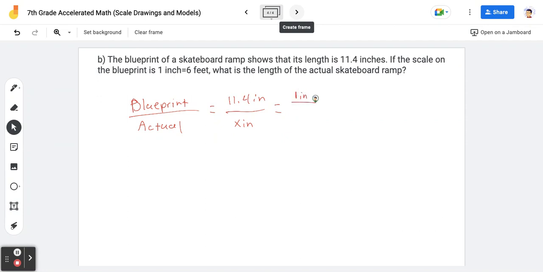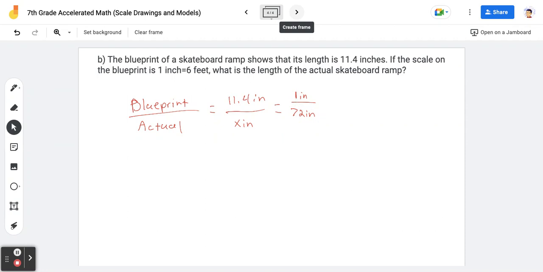I want my units to be the same because I'm trying to figure them out in inches. So 6 feet in inches: I know that there are 12 inches in a foot, so I multiply 12 times 6, which is 72 inches. This represents our 1 inch to 6 feet, except I just changed our units.